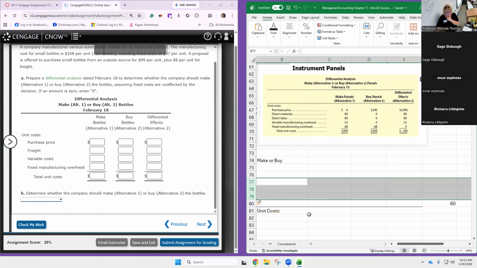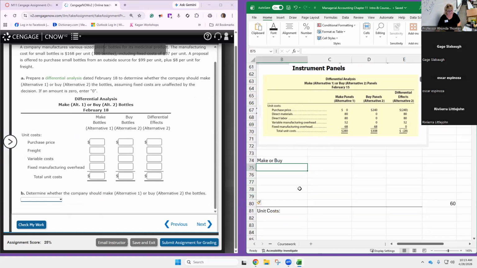All right, so the first one is to make the bottles. And maybe that's what we already do. Usually the first scenario, we're doing it. We're doing that now. And usually the other alternative is one we're thinking about doing.